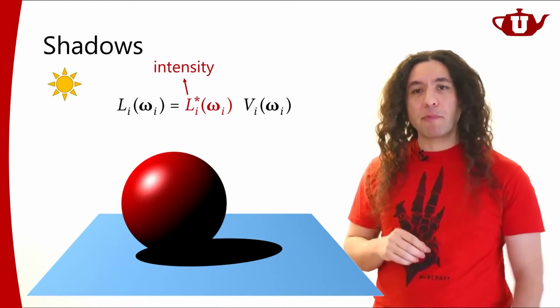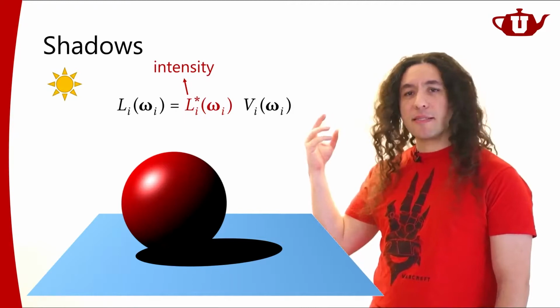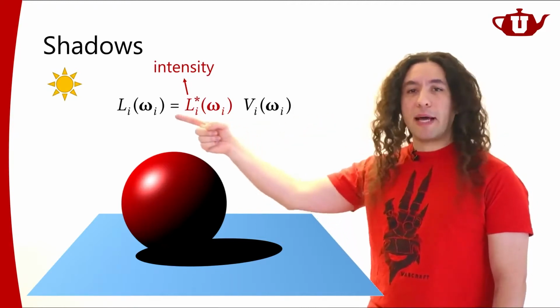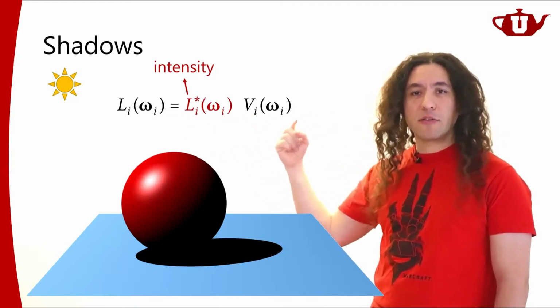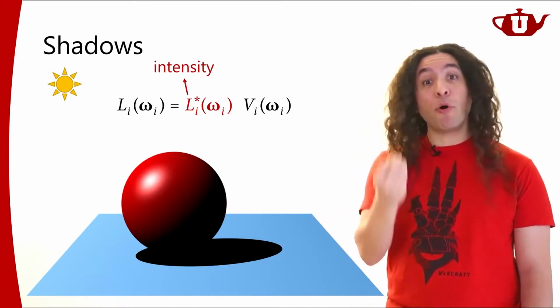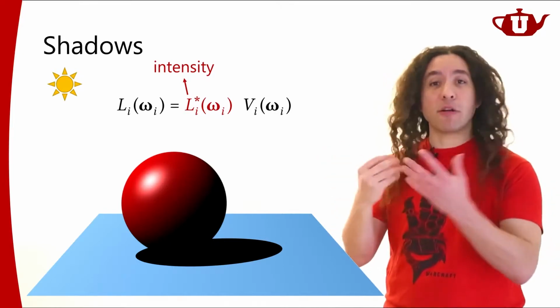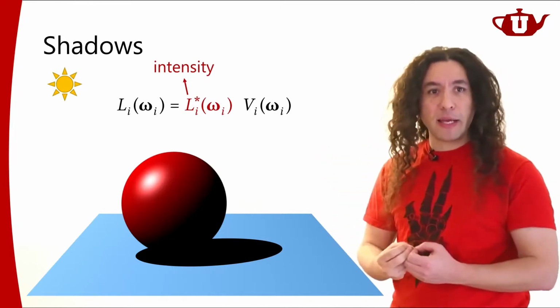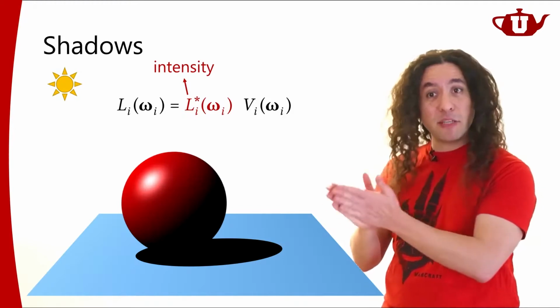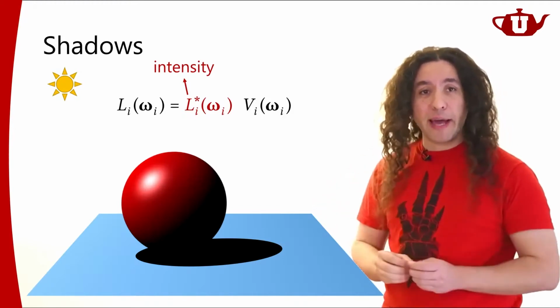Oftentimes when people write the rendering equation, they use this simpler form. But actually, we compute the rendering equation at a point on a surface, let's say a point X. This is the point that we're shading. The surface normal and everything is defined. The material properties, the BRDF, everything is defined at that point X.